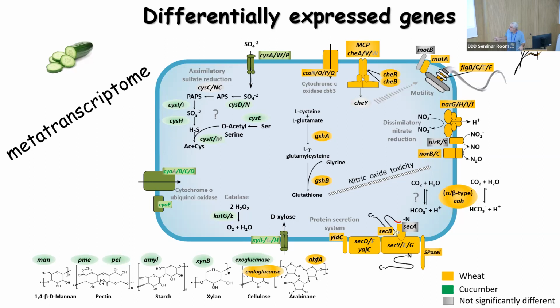Otherwise, why would the wheat community, not only one organism, many different organisms, this is metatranscriptome. This is a very strong signal. And xylose, for example, is definitely at a higher level in the root system of the cucumber, and not in the wheat. But this is not the important thing.